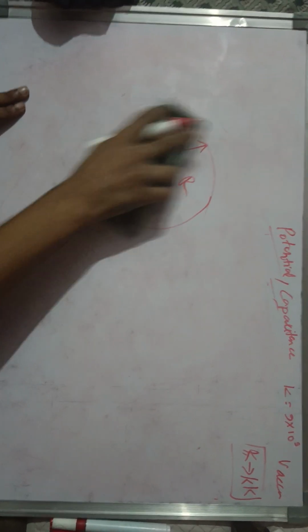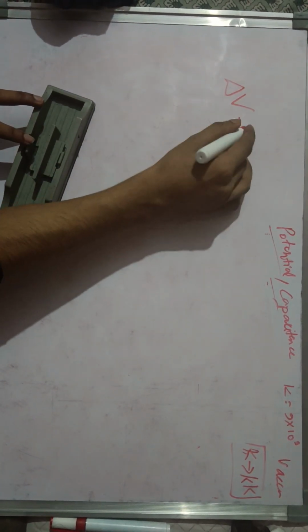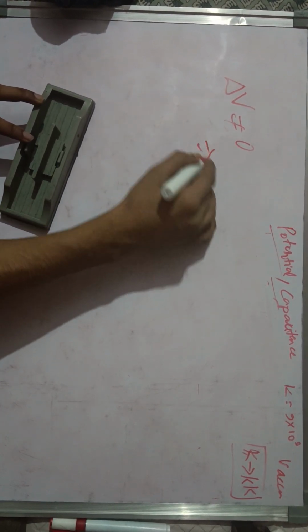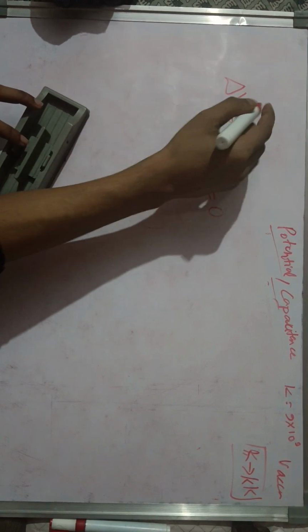Well, okay, listen. Whenever there is a potential difference unequal to 0, then there would be electric field unequal to 0 between the two.